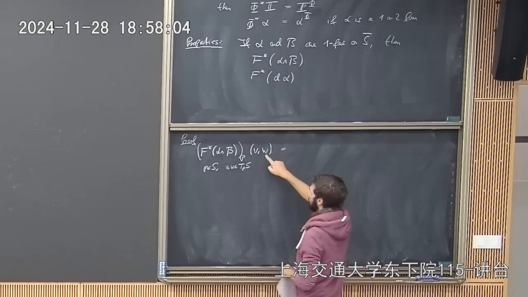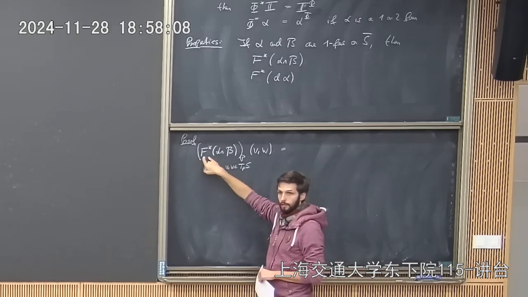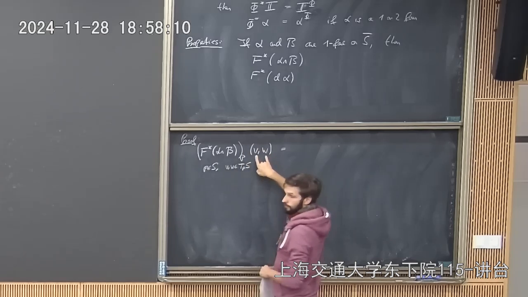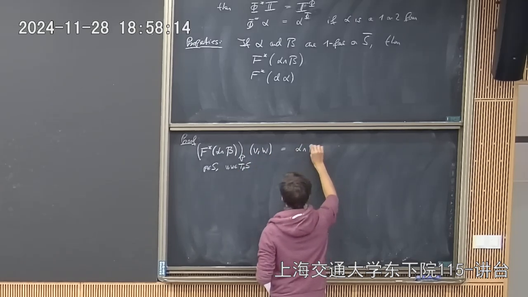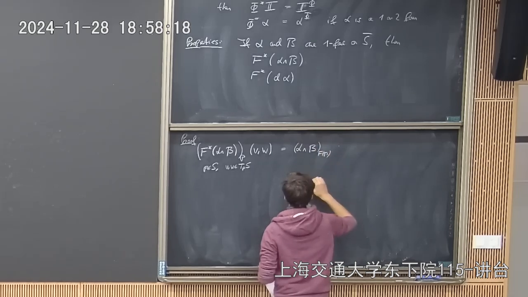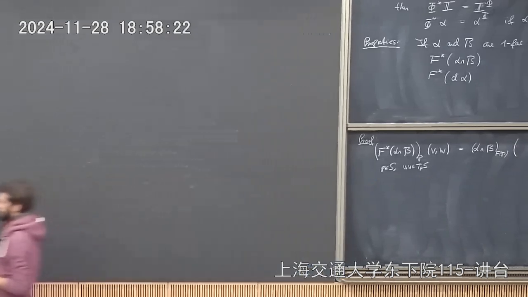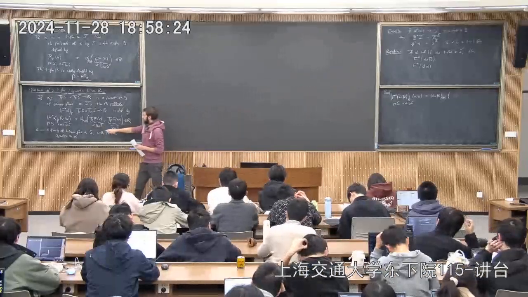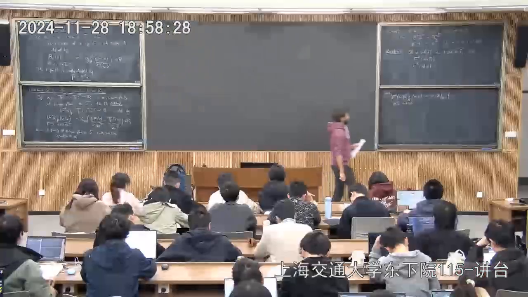Well, the first thing would be we use the definition of the pullback to say what it means. So we have alpha wedge beta. We need to evaluate it on f of p, using this equation here, but for alpha we now plug in the wedge product.